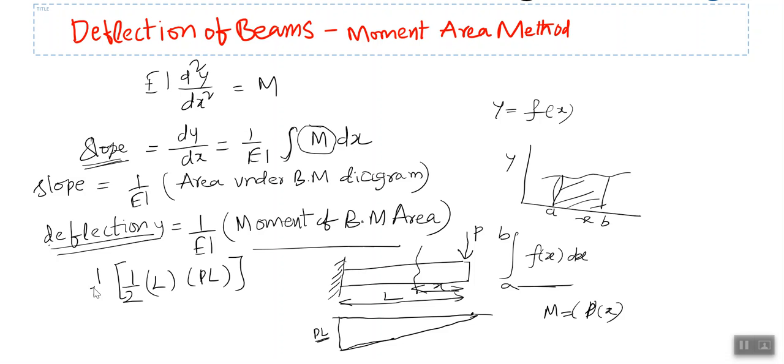I'm just using this equation, 1 by EI times the area under the bending moment diagram, that means this area. This is nothing but the slope dy by dx, which is equal to P into L square by 2EI. This is what we got using the double integration method also.